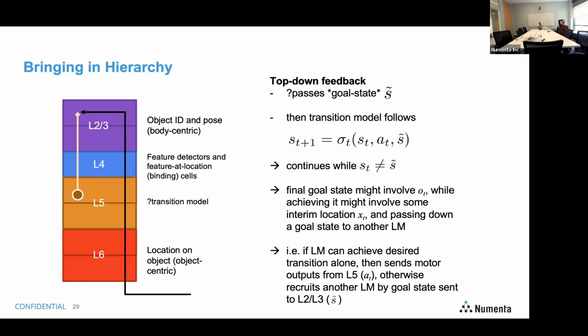But the way I'm thinking about this is, imagine a single learning module has to be able to do an action policy and has to be able to take a model and put it into some state. Because if it's going to happen in the cortex, it's going to happen in every learning module. And we can then add hierarchy on top of that.